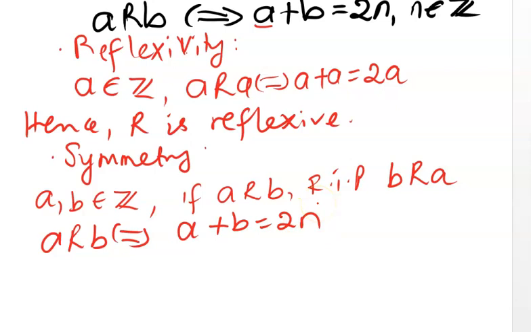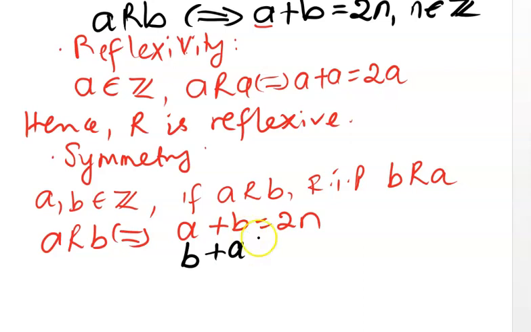How then do we show that b relates to a? From a relates b, we use it to prove that b relates a. And b relates a simply means b plus a is equal to 2n. A plus b can still be written as b plus a, since addition is commutative.